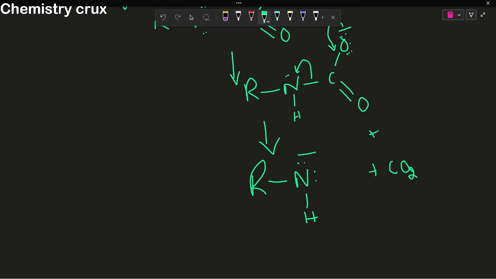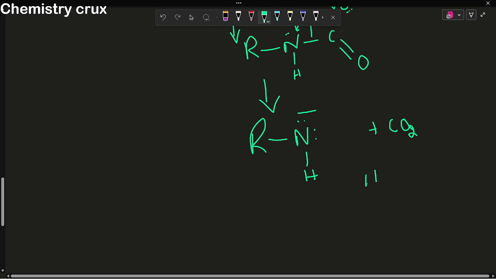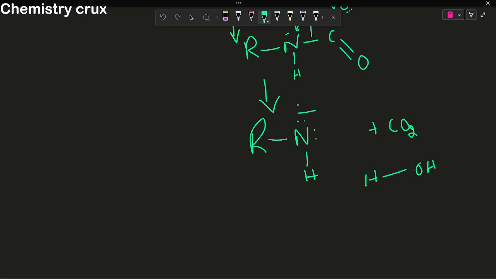Plus what we have in the medium is water, right? That is H bonded with OH, fine. Now this nitrogen will be extracting this proton.